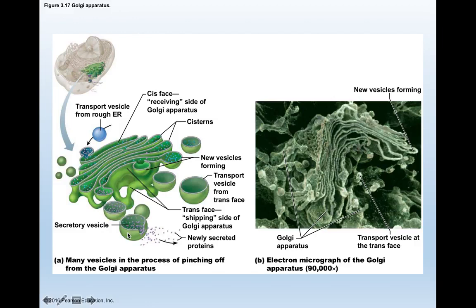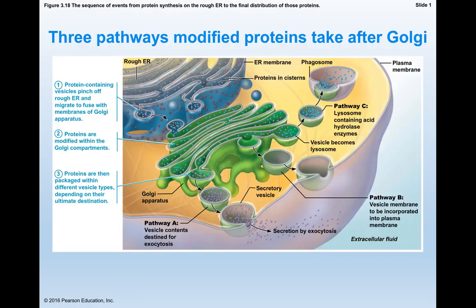So what are the destinations of these packages, or these vesicles, from your Golgi apparatus? There are three separate pathways for these proteins and lipids, and they're represented right here, one right here, and one right here. The first option is when the proteins and lipids merge with the plasma membrane through the process of exocytosis, and the components get released to the outside.